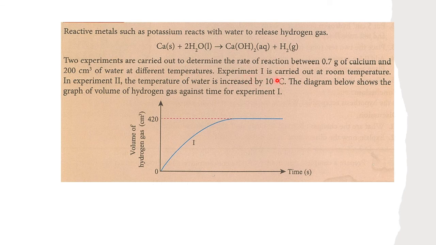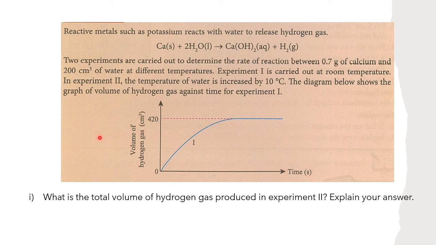Experiment 1 is carried out at room temperature. In experiment 2, the temperature of water is increased by 10. So katakan experiment 1 room temperature 30, so experiment 2 dia punya temperature jadi 40 lah. So the diagram below shows the graph of volume of hydrogen gas against time for experiment 1. Okay, inilah. Right, volume of gas against time in second, volume of gas in centimeter cube.